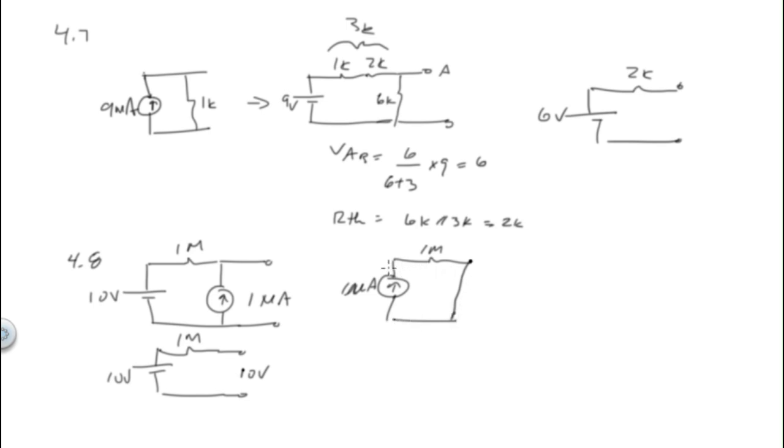Now we want to know the value across this, which would be the value across here. So what is 1 microamp times 1 meg? 1 times 10 to the minus 6 times 1 times 10 to the 6th is 1. So the voltage across here is 1 volt. So you add the two together. 10 plus 1 is 11 volts. So the Thevenin equivalent circuit is 11 volts, and R Thevenin is equal to 1 meg ohm.